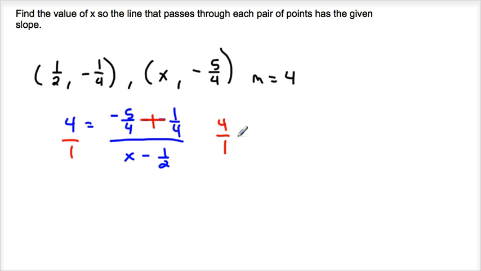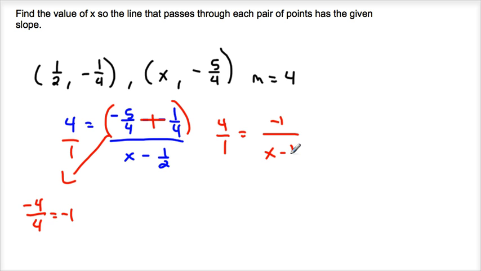So 4 over 1 equals, I'm going to combine these, and I get negative 4 over 4, which equals negative 1. So negative 1 over x minus 1/2. Cross multiply. So 4 times the quantity x minus 1/2 equals 1 times negative 1, negative 1.